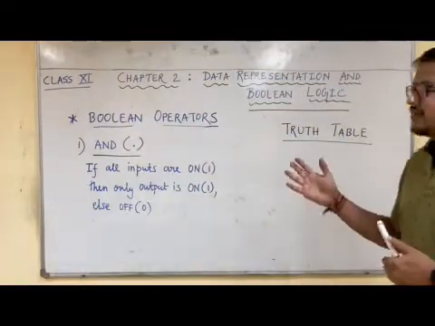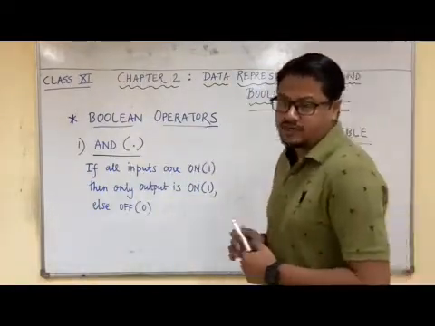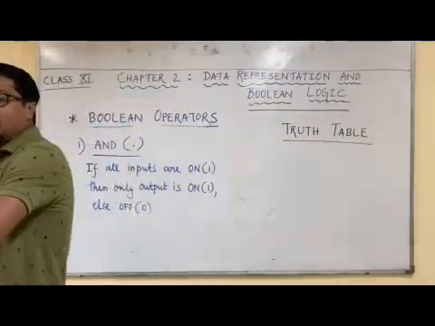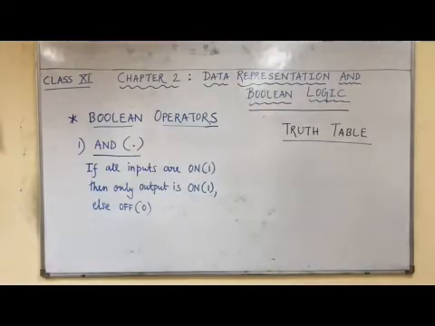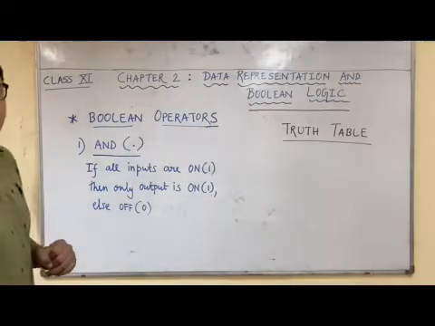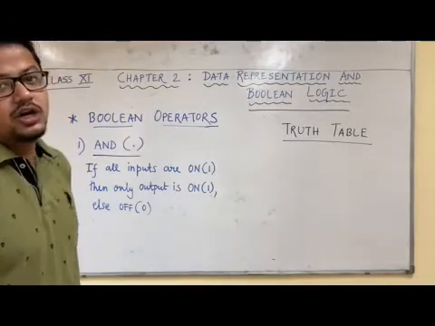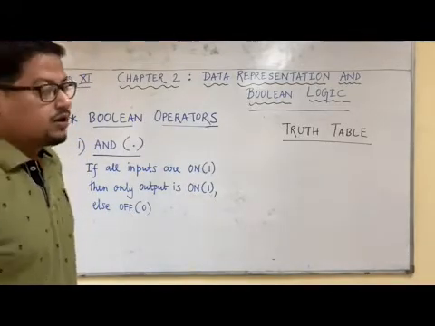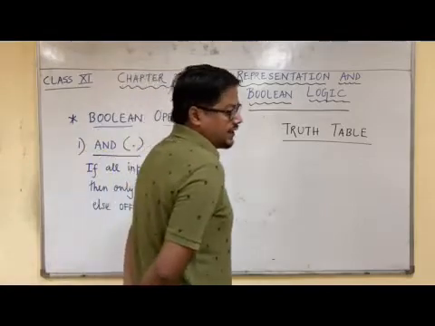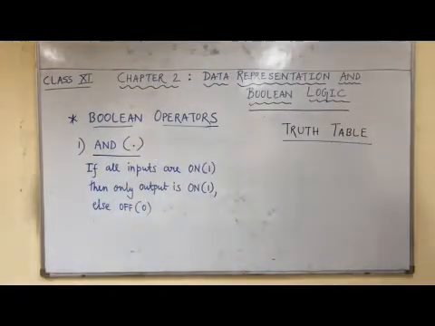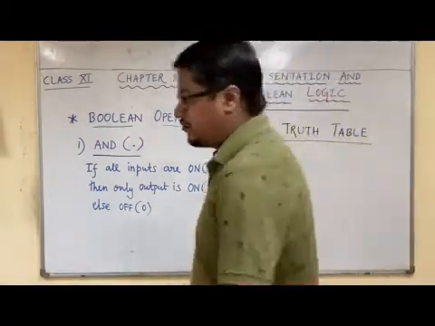Whenever we are dealing with AND, OR, NOT operators, we have to note down the inputs and decide the output in the form of a tabular representation. This tabular representation is called truth table. Why truth table? It verifies the inputs and processes the output and gives us the output in such a manner.